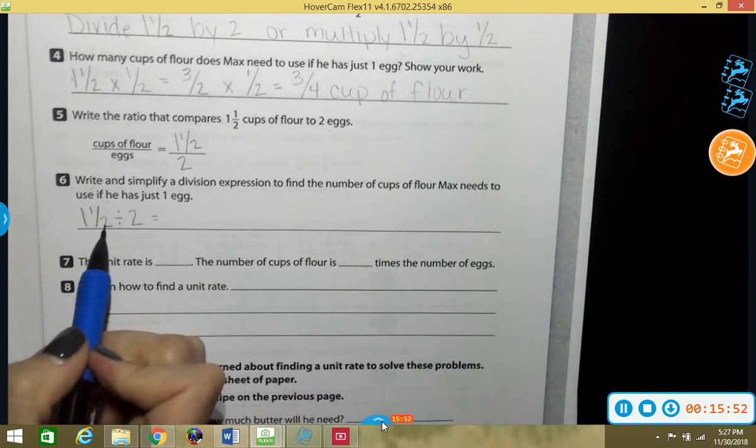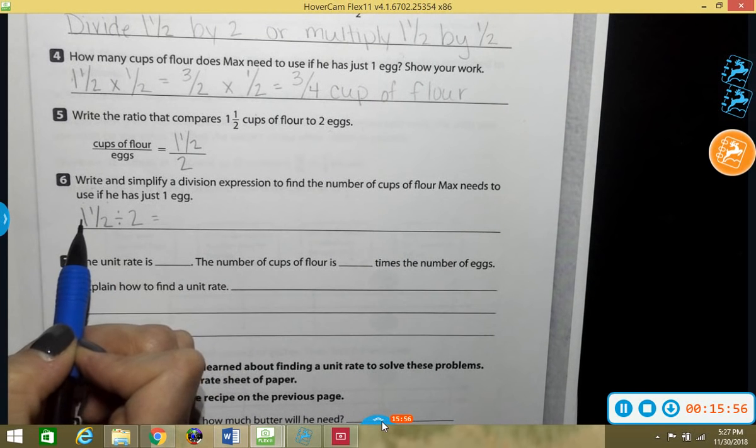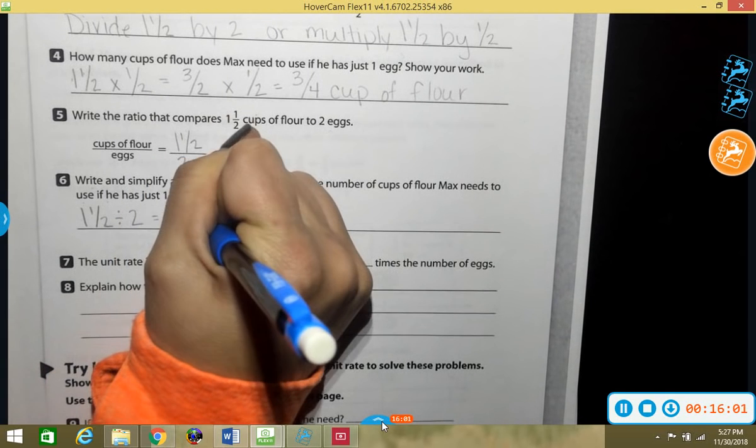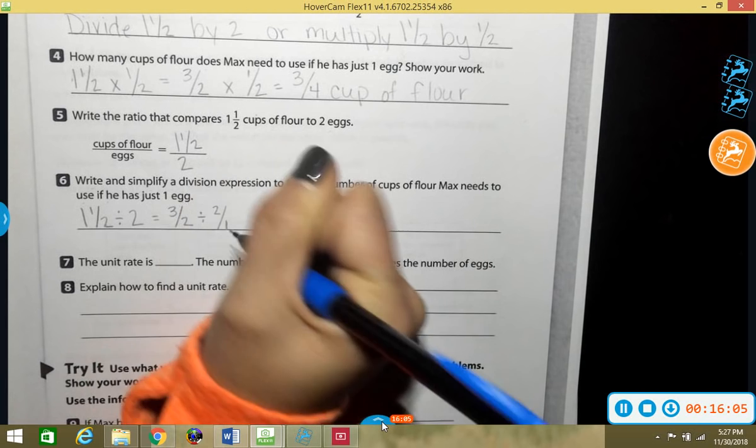We have to make this into an improper fraction. We've already done that in the previous problem. So 2 times 1 is 2, plus 1 is 3. So 3 over 2 divided by 2 over 1.